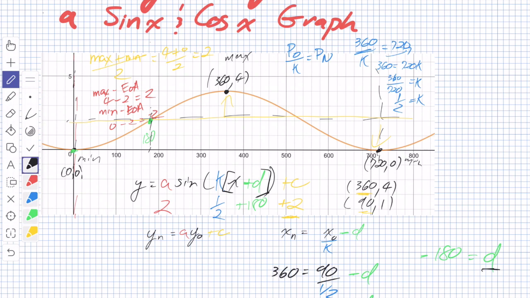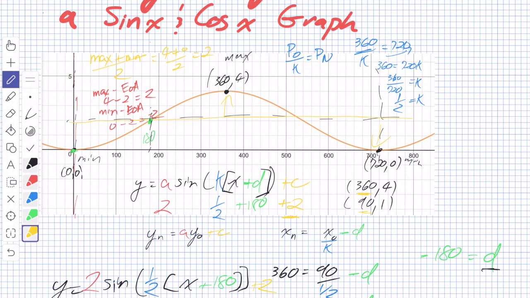So how does this equation eventually look? So it becomes y is equal to 2 sine, and we have our first set of brackets, k was a half, then we have our second set of brackets from within, x plus 180, and then we end both sets of brackets plus 2.